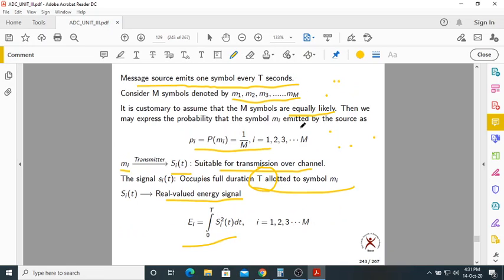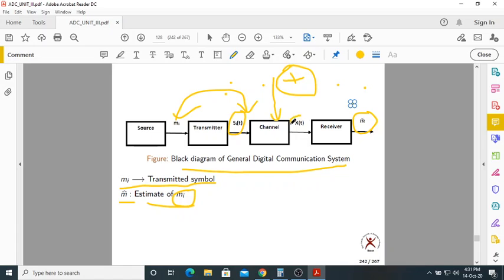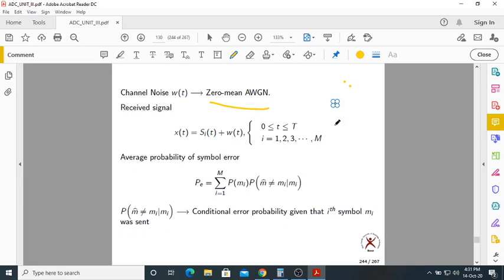So what do we receive? X of t. But X of t is not exactly Si of t. X of t is the transmitted signal Si of t plus some noise W of t that is added in the channel.